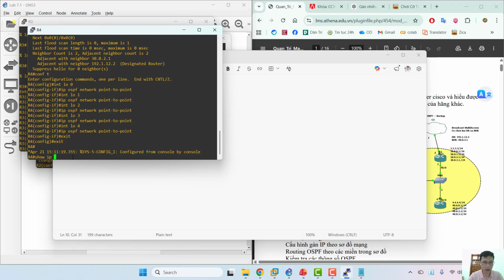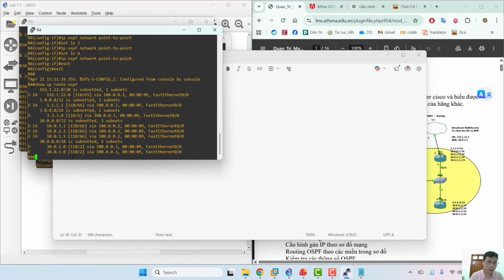So show ip route ospf. 24, okay, good. 24, okay.